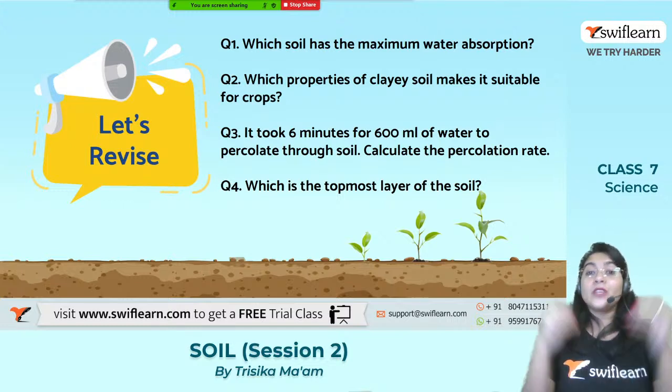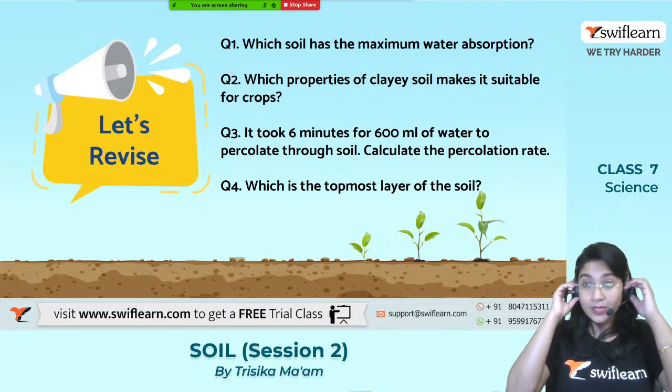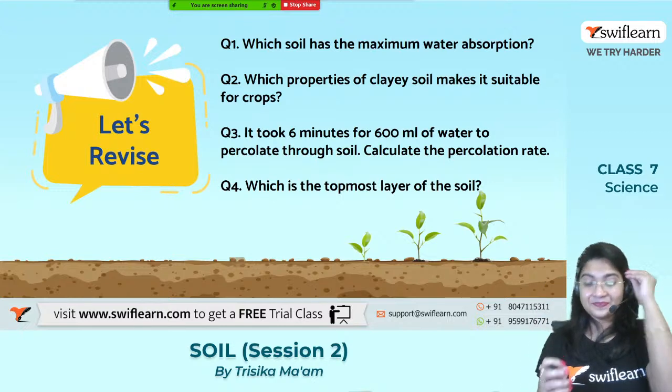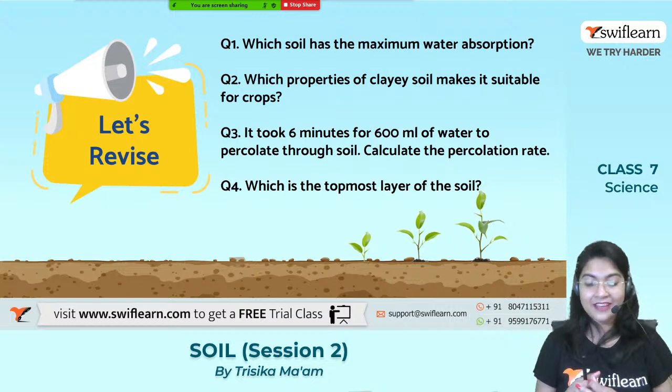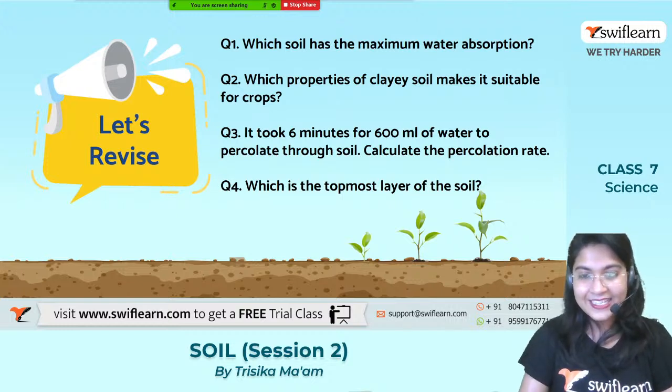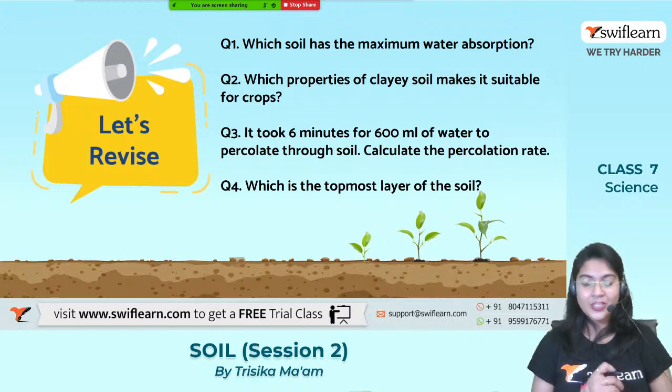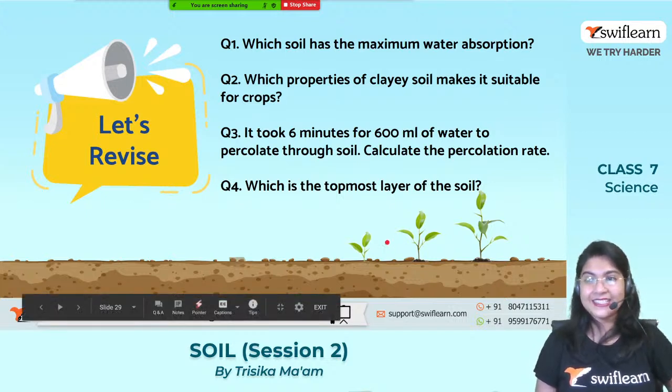Okay. Which soil has the maximum water absorption capacity? Yes, let me find who can give me the correct answer first in the chat box. Yes, Yash. Will you be able to say which soil has the maximum water absorption capacity? Yes, it is the clay soil, right? Very good.